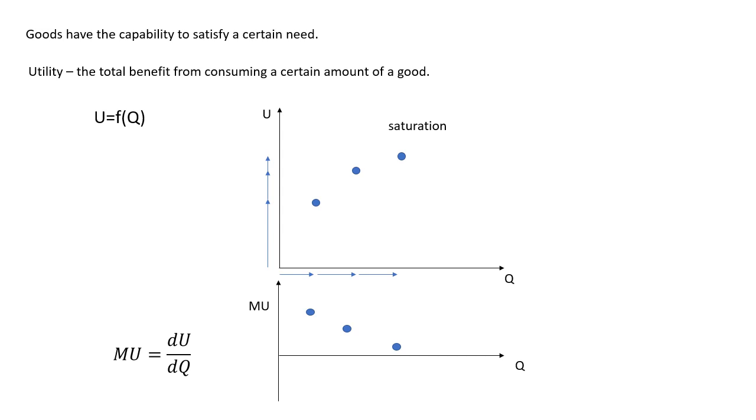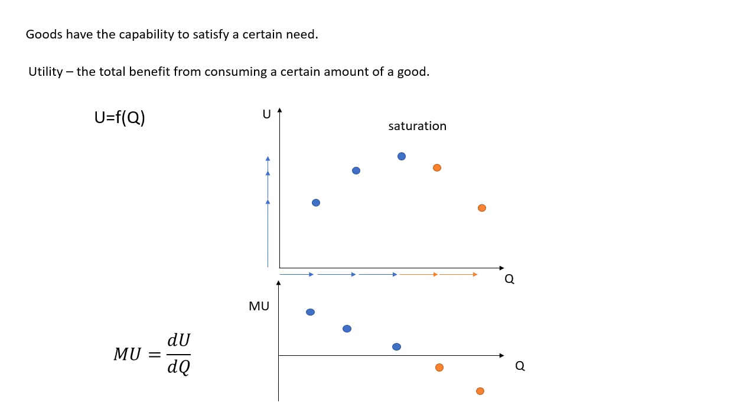But for this introductory clip, let's assume that the consumer may actually be forced to consume beyond the point of saturation. If some evil agent forces the consumer to drink another glass of water, this is going to cause a discomfort. That is, it's going to reduce utility, so we have a negative marginal utility.